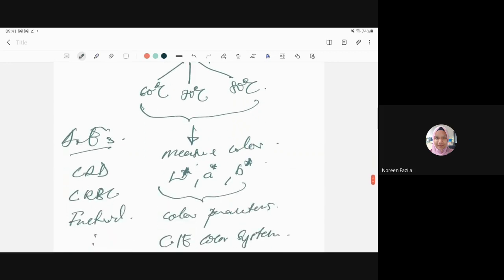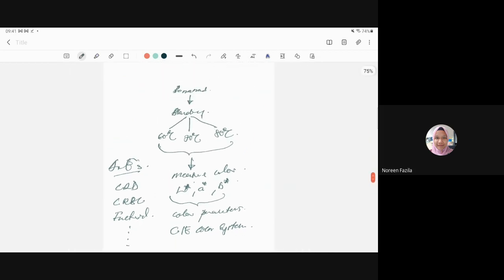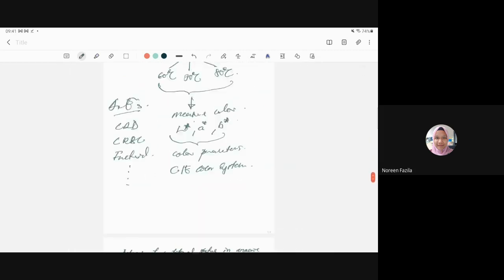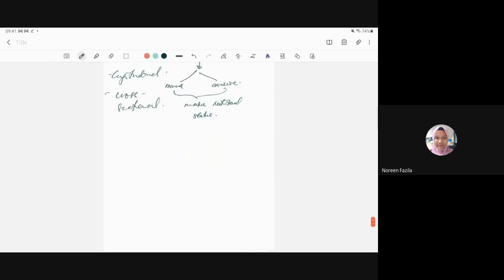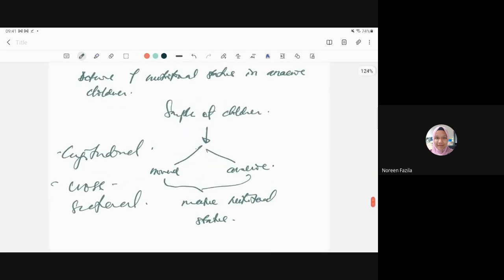Just to make it clear, the approach is different. What we are going to discuss is mainly applicable for experimental study and not for observational study. For observational study, the approach is different.